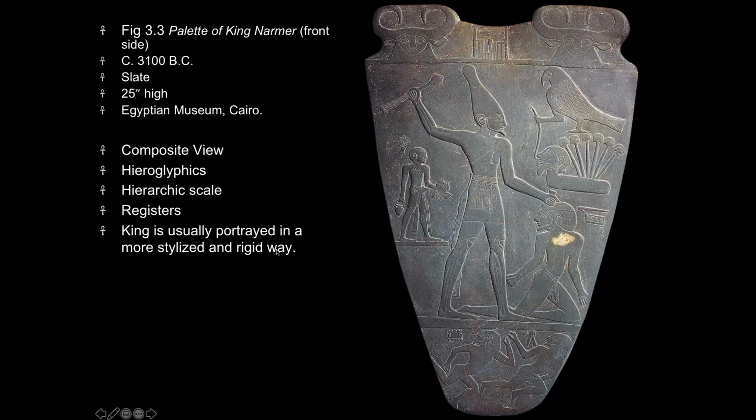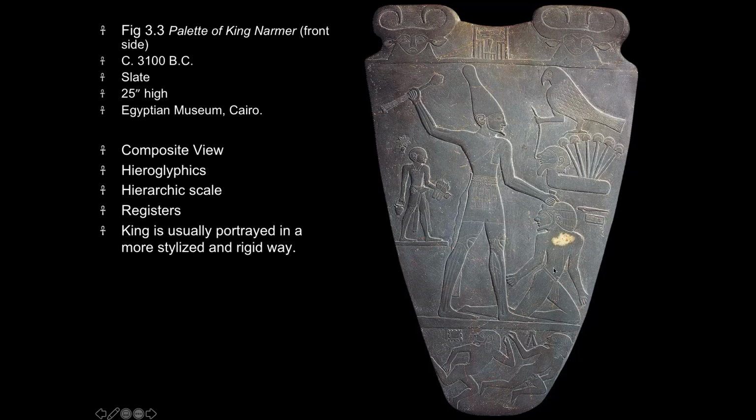So the king is usually portrayed in a more stylized and rigid way. Basically, the more important you are, the more stylized, meaning less realistic, and more rigid you are. And the idea with that is to show the king as something that is eternal and separate from the rest of us. A couple of other things you'll notice is we have enemies here and enemies here.